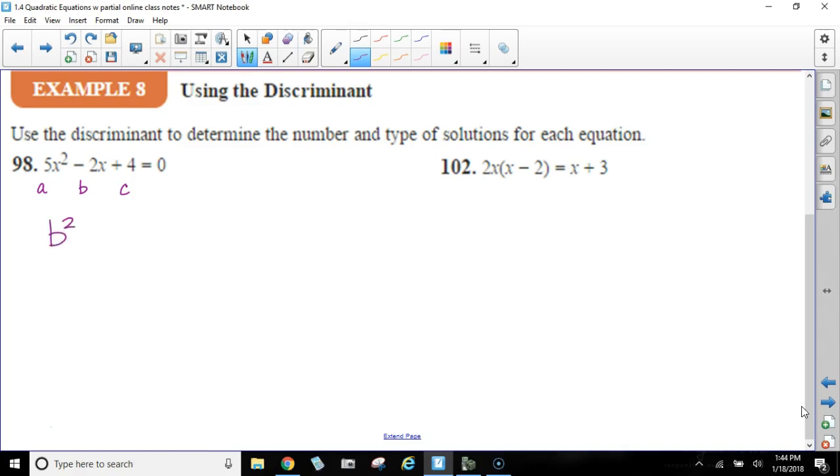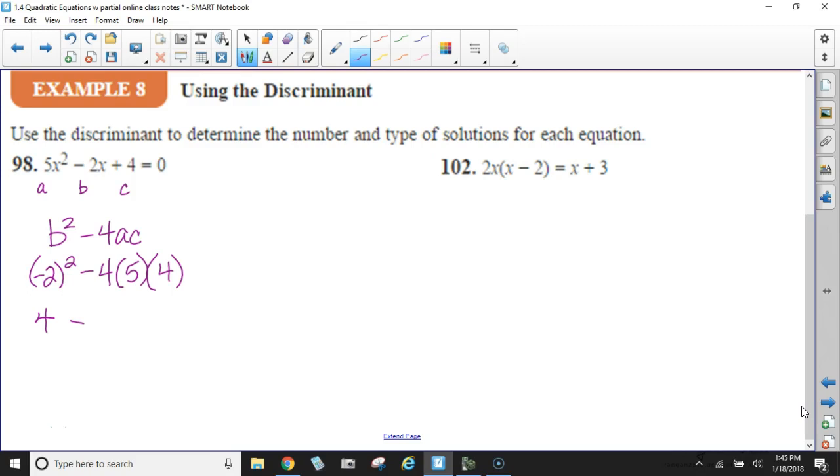So when we calculate the discriminant, which is B squared minus 4AC, this is going to look like -2 squared minus 4 times 5 times the C value, +4. That's going to give us 4 minus 20 times 4. 4 times 5 is 20. 20 times 4 is 80. So the value of the discriminant is -76.